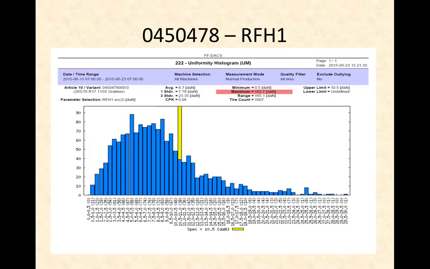This upper limit can be displayed by the yellow bar with the spec limit. As you can see from the graph, our average is relatively high at 8.7 compared to our spec limit with a 7.78 deviation.